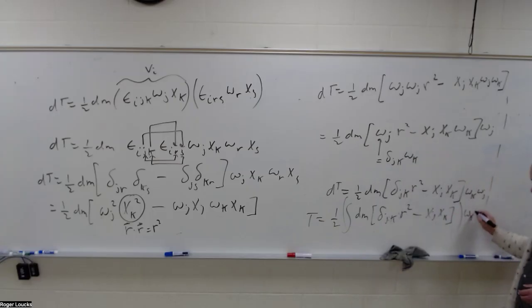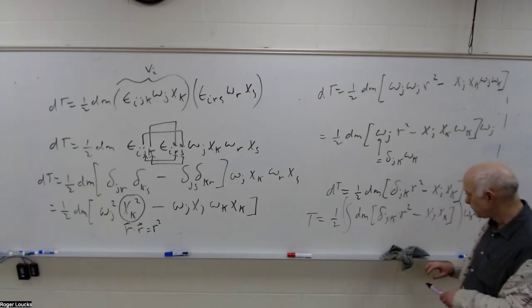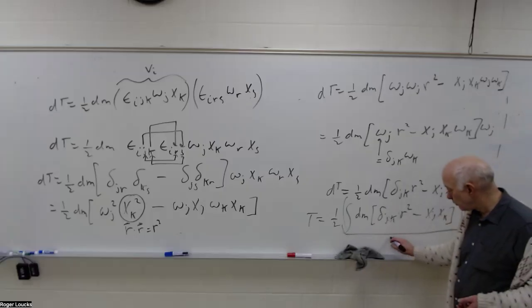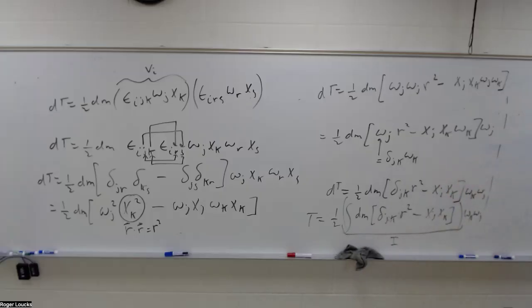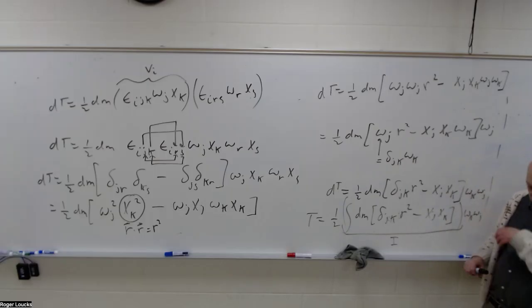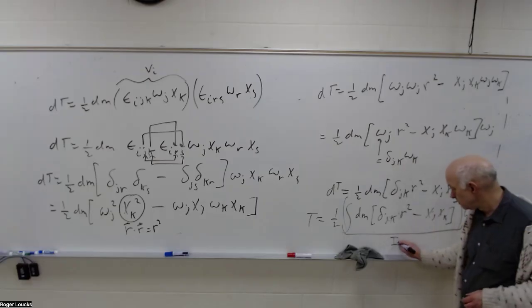I'll put them over on the side. Omega j here. And this whole thing here is nothing but what? That whole thing here is my moment of inertia tensor, I. And what are going to be my indices here? My indices are JK. J and K.